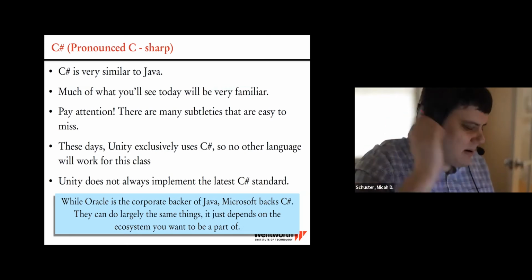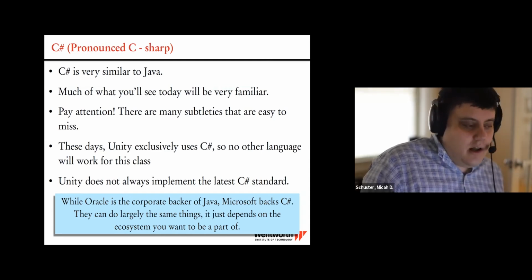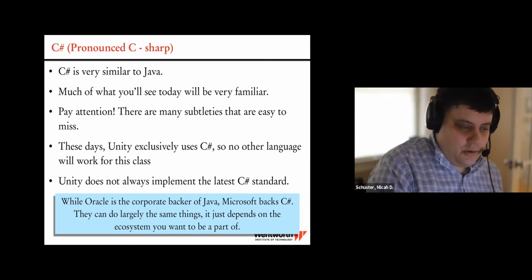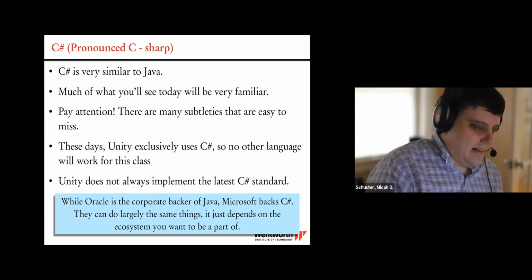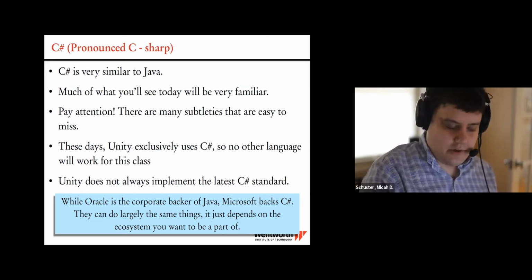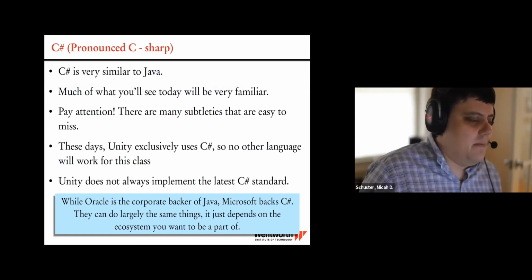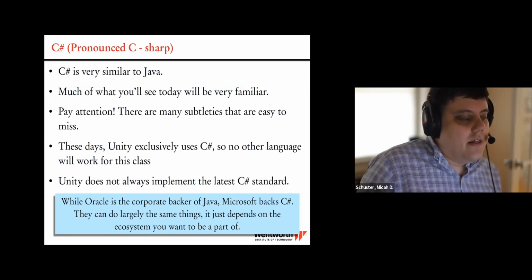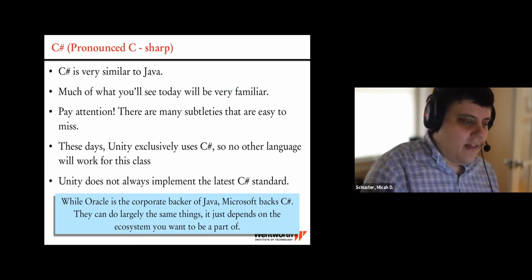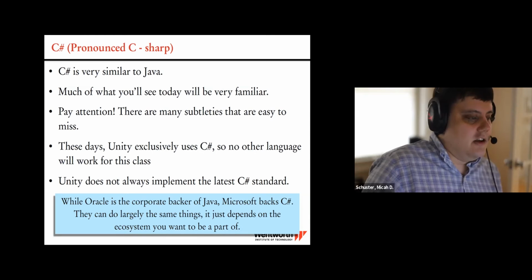In the past, probably like Unity 4 and 5, way back when, there were multiple languages that Unity supported. C# has always been there. There was also a Unity scripting language, kind of like Godot has their own scripting language, and I think you could use a JavaScript type language as well. These days, they've basically gotten rid of all that, so C# is the language that you have to use to write scripts in Unity.